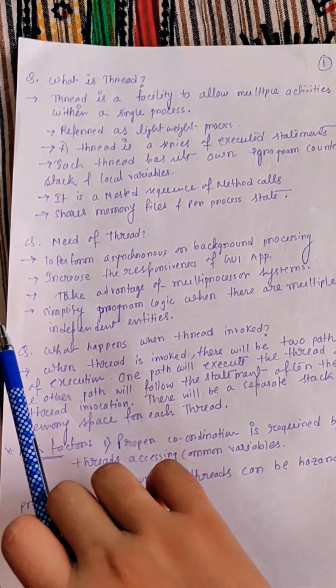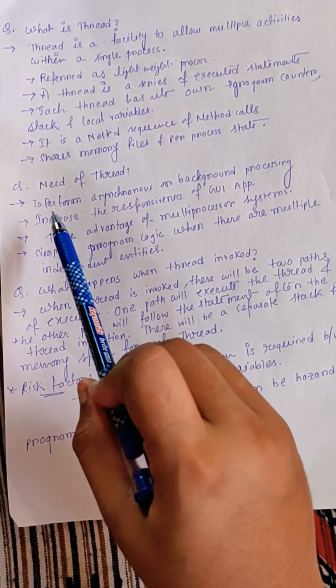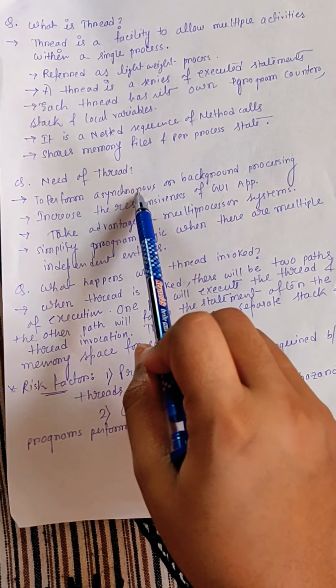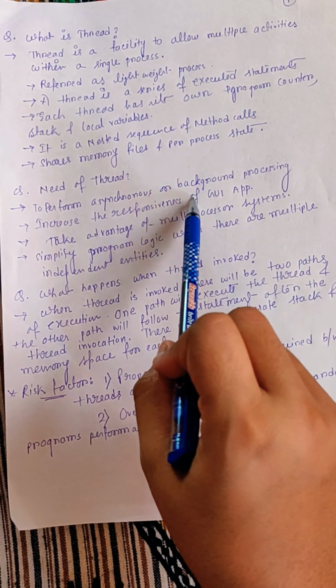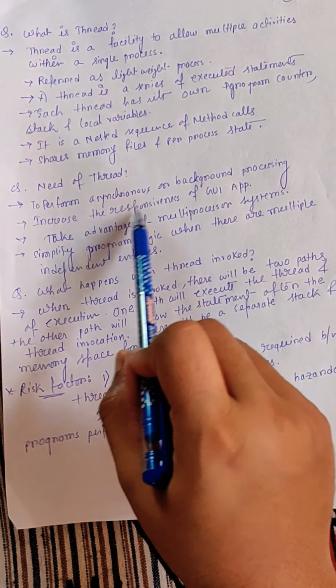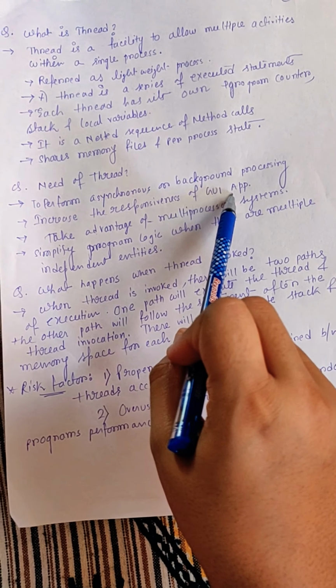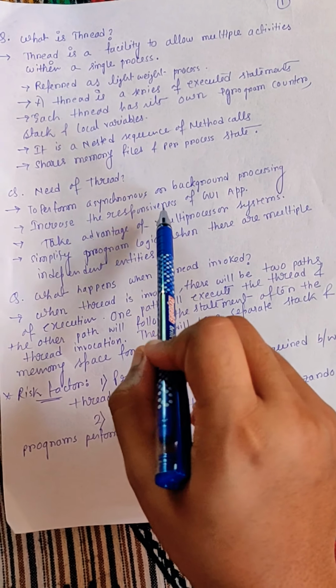Now the second question comes, that is, what is the need of a thread. The first point can be to perform asynchronous or background processing. Suppose we want to do some background processing, then we need thread. Then the second point is to increase the responsiveness of GUI apps. In our future class we will talk about the applet program.